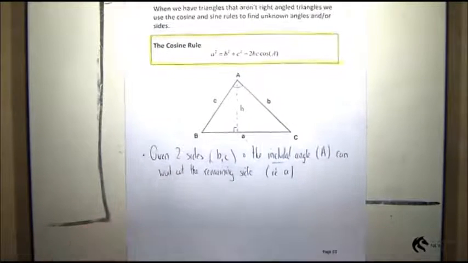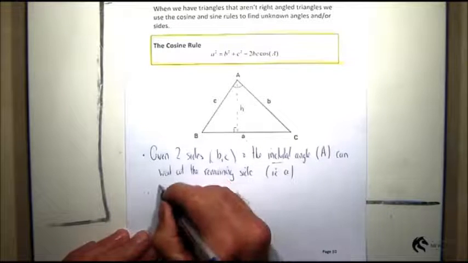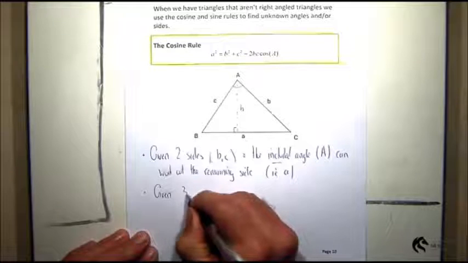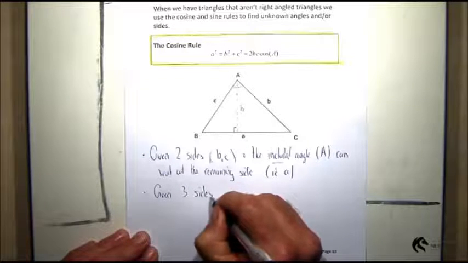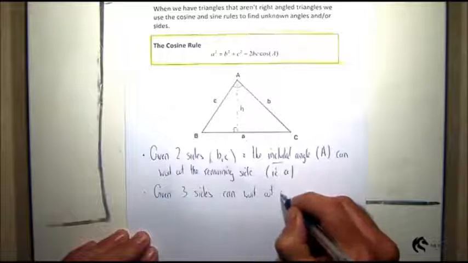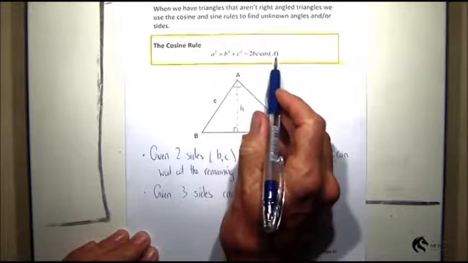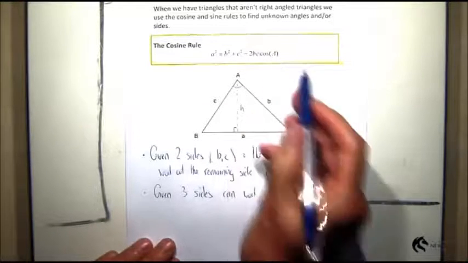The other possibility, I guess, for this is that if I am given 3 sides, then I can work out an angle, because I can rearrange this. I can make cos A the subject of that.